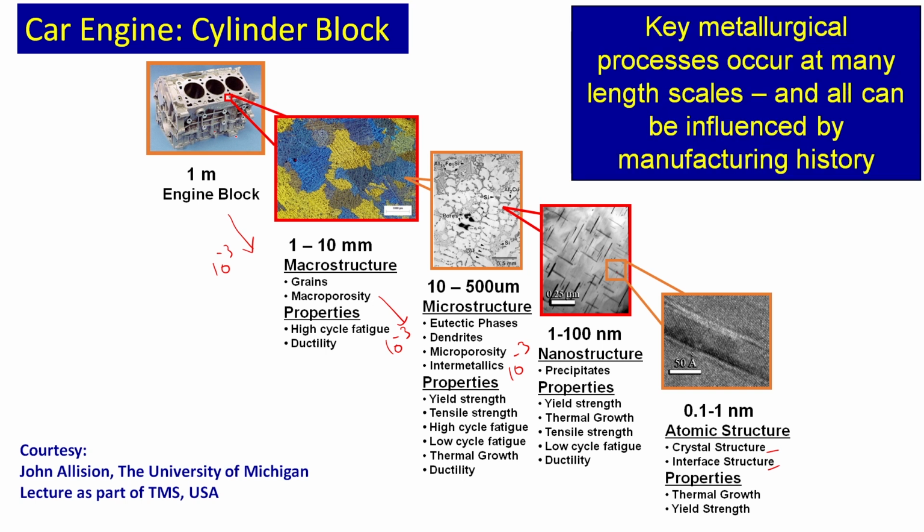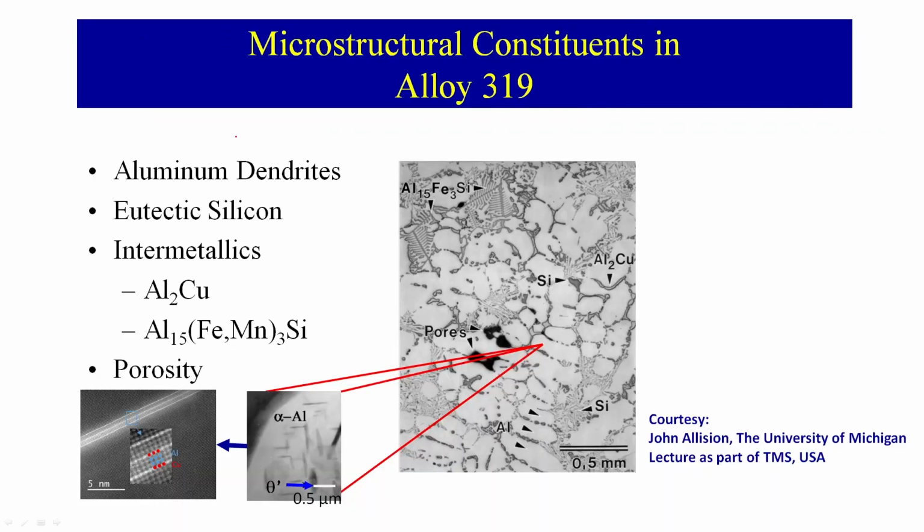Key metallurgical processes which occur at many length scales, like diffusion, thermodynamics and other things, can all be influenced by the history of manufacturing, how you make a component. To give you a better perspective, in this case of an aluminum silicon copper alloy, you can have a silicon aluminum eutectic here, aluminum dendrites here, and then you have precipitates.